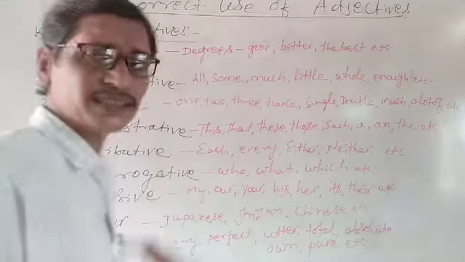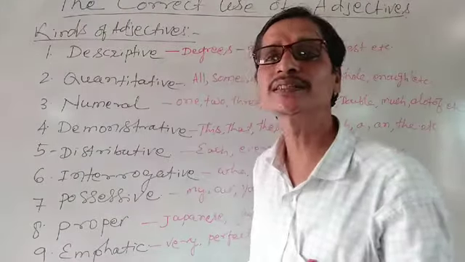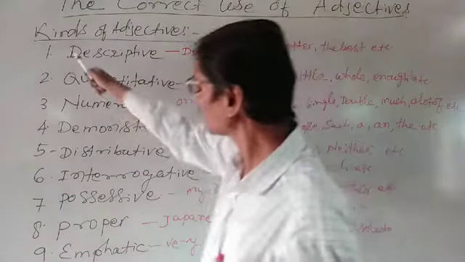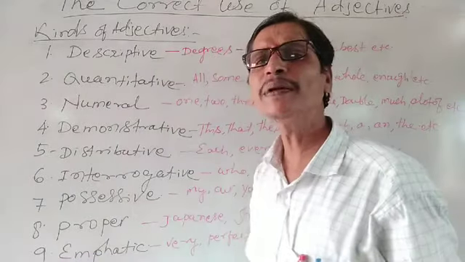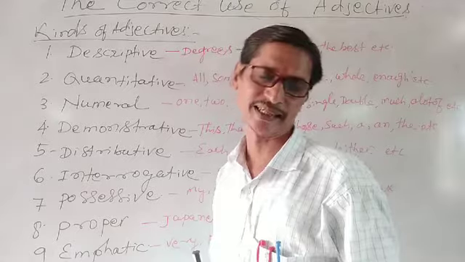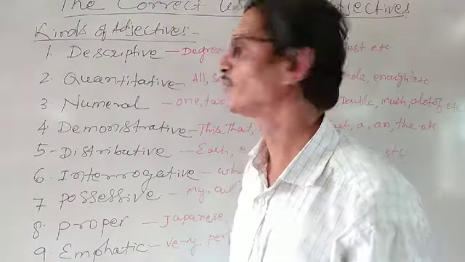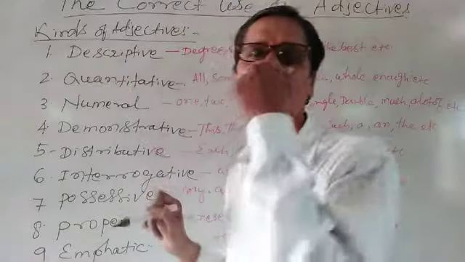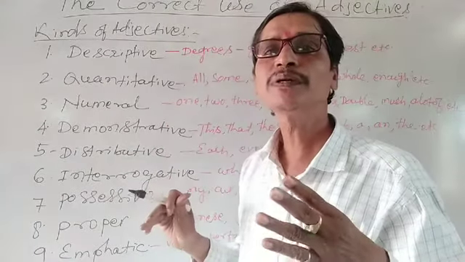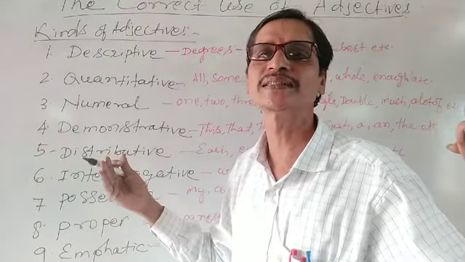So here I have written some kinds, or you can say the types, of such adjectives. There are normally 9 different types of adjectives we use while speaking and writing. The first of such adjectives is a descriptive adjective. Descriptive adjective describes something, it qualifies something.